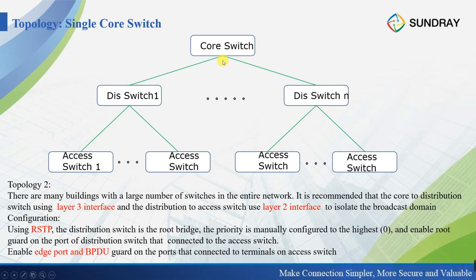It's a layer 3 connection. And on the other side, each distribution switch has its own spanning tree. That's why we can make the spanning tree domain smaller. On this distribution switch port, we configure the root guard, and on the access switch, we configure the edge port and the BPDU guard.